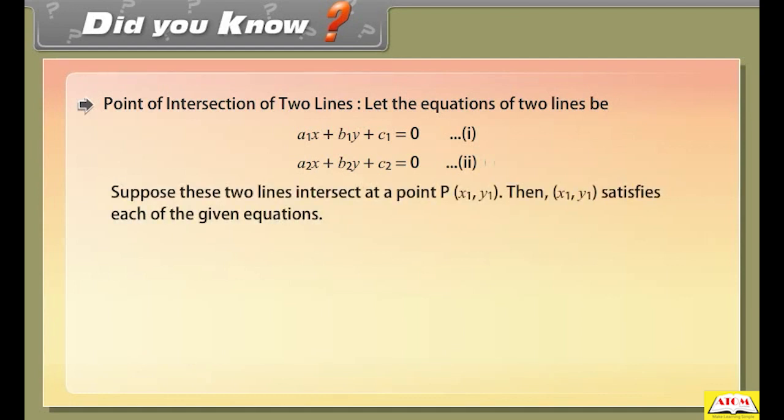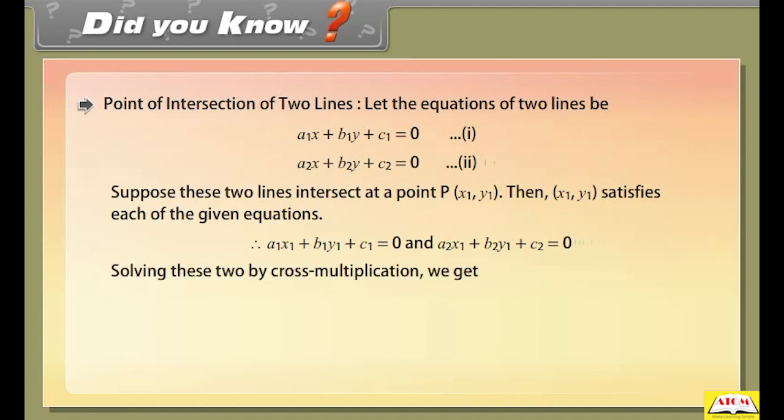Suppose these two lines intersect at a point P(x1, y1). Then (x1, y1) satisfies each of the given equations. Therefore, a1x1 plus b1y1 plus c1 is equal to 0 and a2x1 plus b2y1 plus c2 is equal to 0.